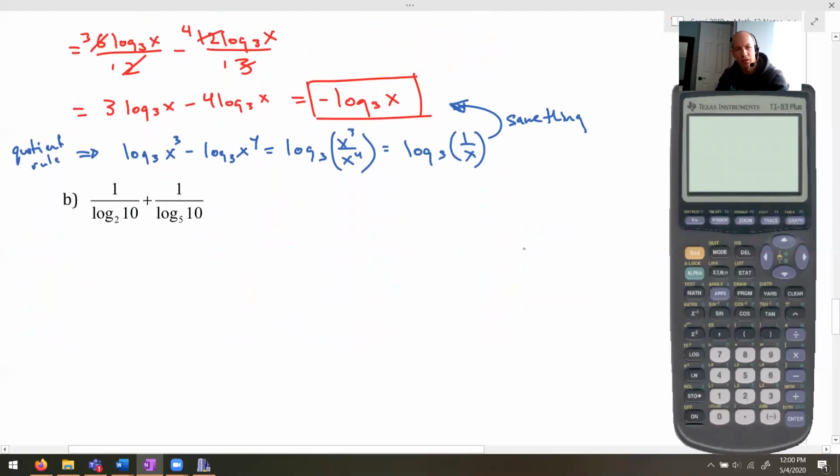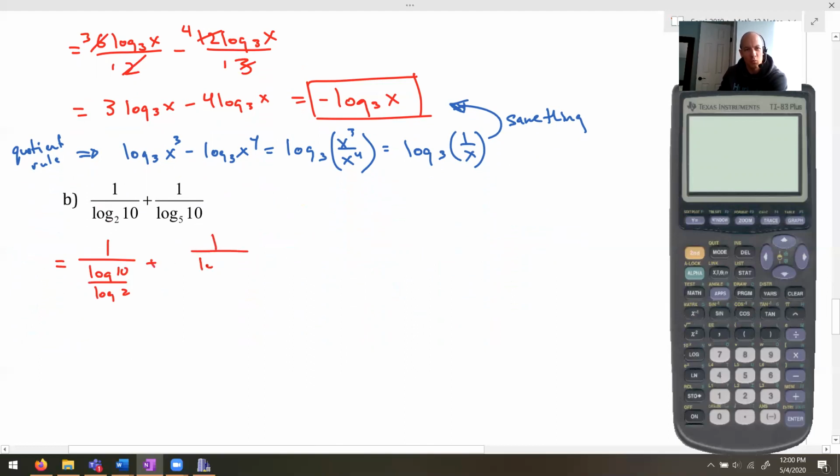Okay, last question here. All right, so this is 1 over blah, blah, blah. You can read. I don't need to narrate that part for you. What I'm going to show you is what you can do here. So the first thing I see is the opportunity, yes, I said opportunity, to do the change of base rule.